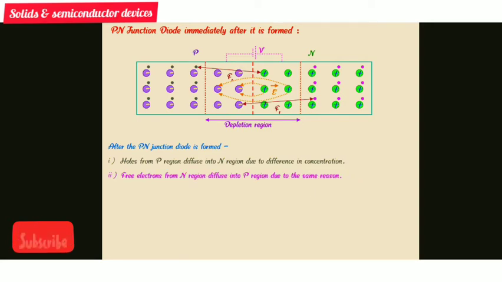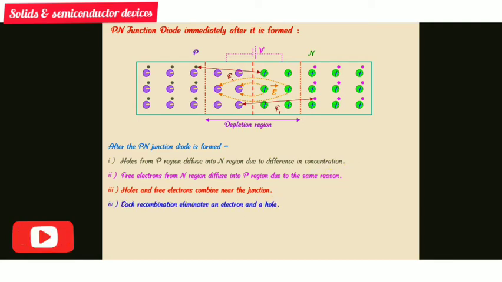Second, free electrons from the n region diffuse into the p region for the same reason. Third, holes and free electrons combine near the junction. Fourth, each recombination eliminates an electron and a hole.